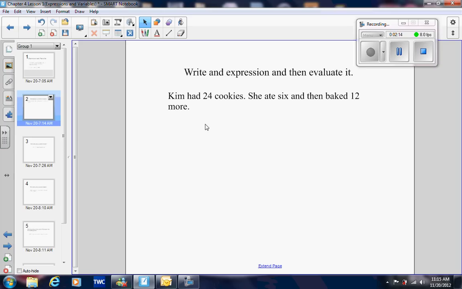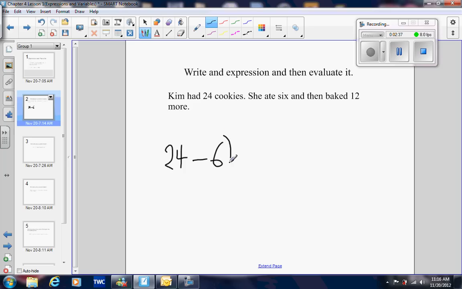So Kim had 24 cookies. She ate 6 and then baked 12 more. So we'll start with how many cookies she had at the beginning. So we're talking about 24 cookies. She ate 6. That's one event that happened.